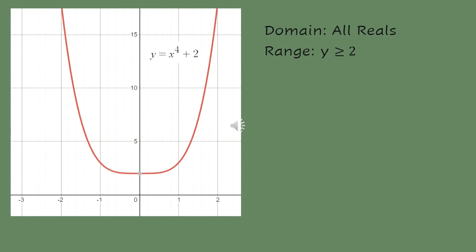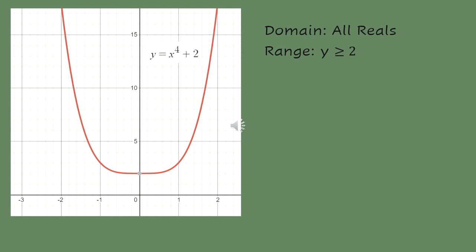In this case, the minimum y value is 2. I can see pretty clearly from the formula that when 0 gets plugged in for x, I get y equals 0 plus 2, and that's the lowest y value that I hit. I can get any y value higher than that by plugging in any other values for x.